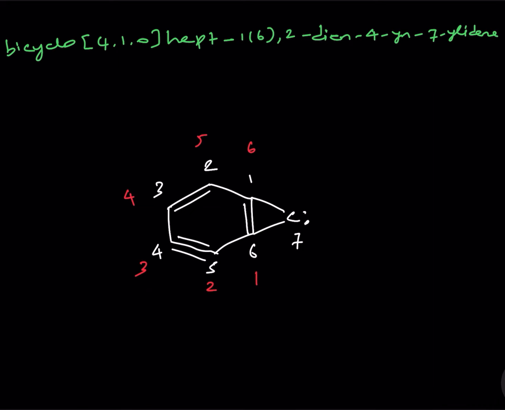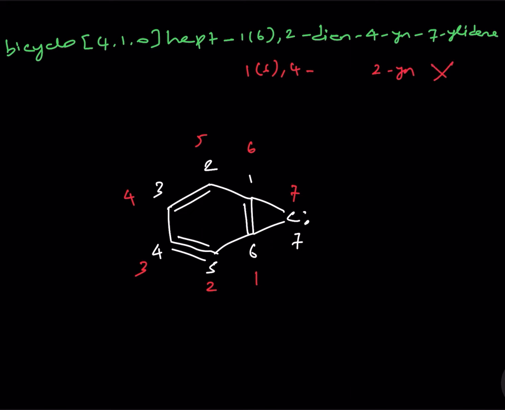But if we go the other way around, then you will have the usual 1 in bracket 6 double bond, and then your second double bond will be at 4. If you follow the red, this will become like this, and then here you will have 2-yne.